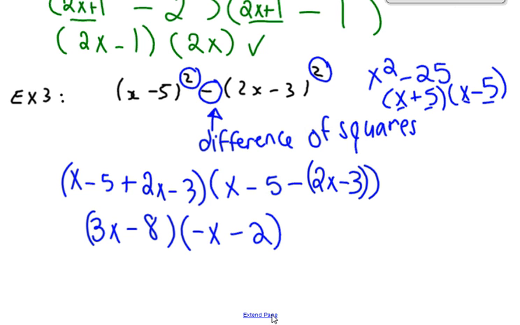Yes, that's really important. When we minus our second term, it is important that that negative distributes to the 2x and to the negative 3. So we'll have x minus 2x gives us negative x, and negative 5 plus 3 gives us negative 2. Okay, so now that expression is fully factored.